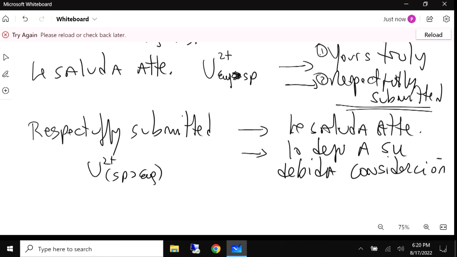This is verbal. So you cannot say "le saluda atentamente," because it is only for written material. If it is verbal, you will transfer that as "lo dejo a su debida consideración," and any variations of it.